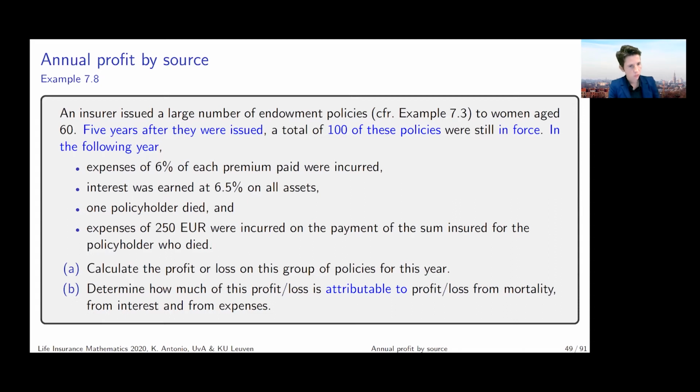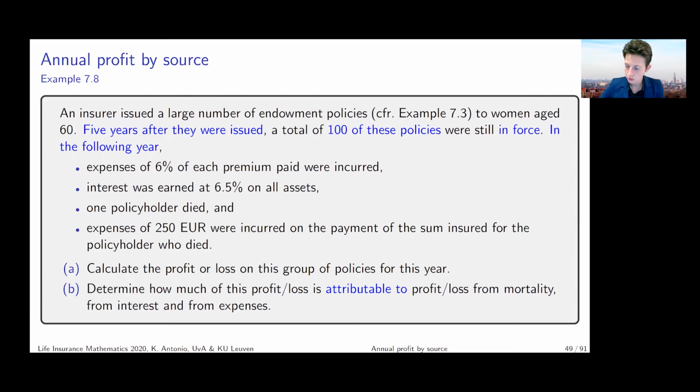And we realize that the interest earned was 6.5% instead of the assumed 5% interest rate. We observed that one policyholder died, so we have to compare that with the mortality assumption that we made. And the expenses on the payment of the sum insured for the policyholder who died were 250 in reality, compared to the 200 euro that we assumed, right?